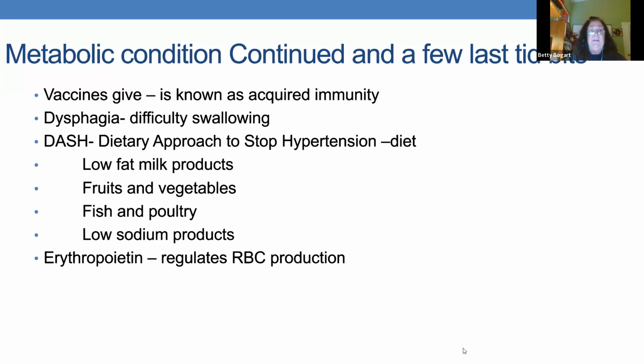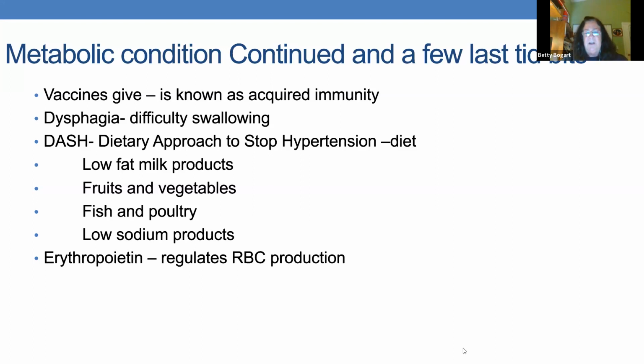Now, vaccines, when we give them, are an acquired immunity. It's because we gave it to them to help prevent preventable diseases. Again, dysphagia is there, difficulty swallowing. And then part of hypertension, the dietary approach to stop hypertension, DASH diet. In adults, we try to get them on low salt and put them on these diets and exercise.